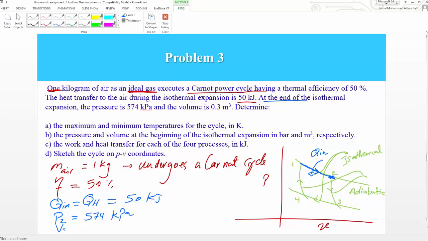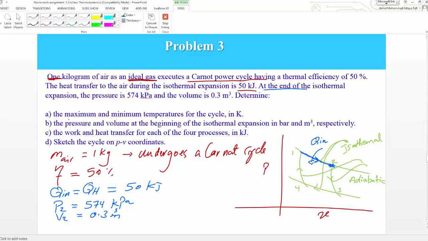And V2 is 0.3 meter cubed. That's all the information that I have. And then it asks me to find the maximum and minimum temperatures. So I need to find TH here and TL here.